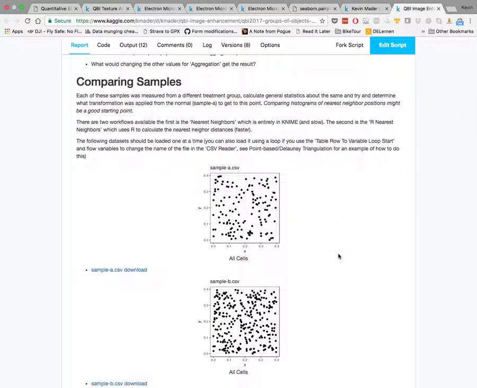What we'll have in the exercises is a sample A and a sample B, and your goal will be to show what's the difference and what's the possible explanation if they came from the same original sample. So if you had a sample A measured under one circumstance and a sample B under another circumstance, how could you quantify the differences there? And based on these different quantities, how could you then say what happened?